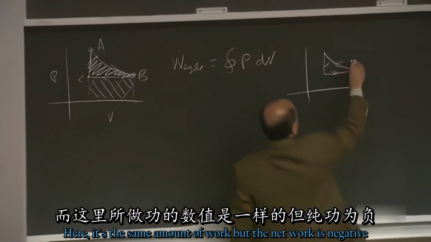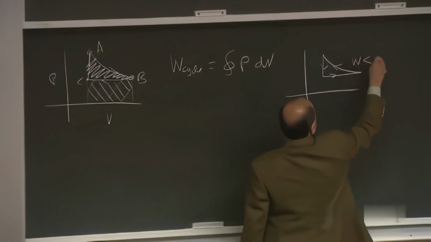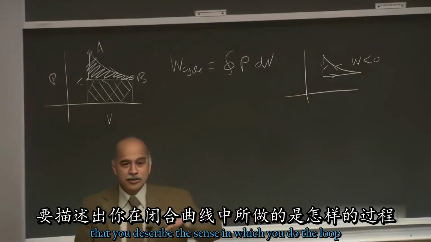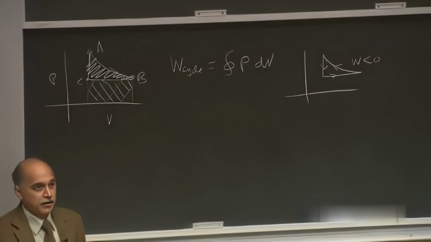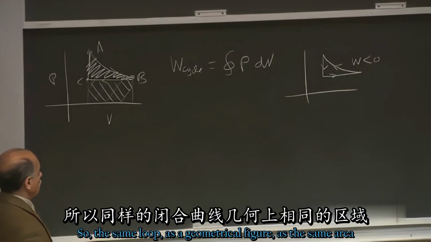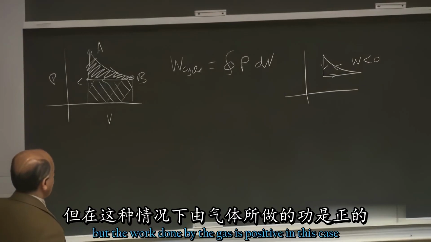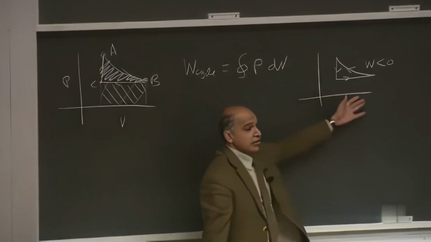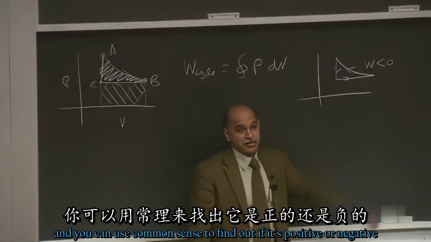Here, it's the same amount of work, but the net work is negative. So you've got to be careful that you describe the sense in which you do the loop. So the same loop, as a geometrical figure, has the same area, but the work done by the gas is positive in this case, and negative in this case, and you can use common sense to find out if it's positive or negative.